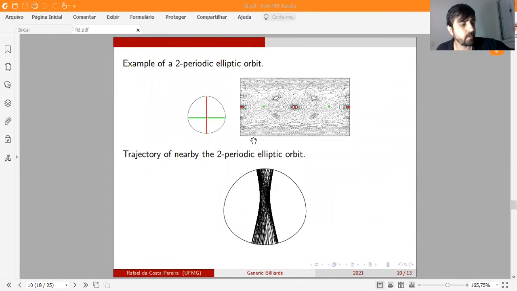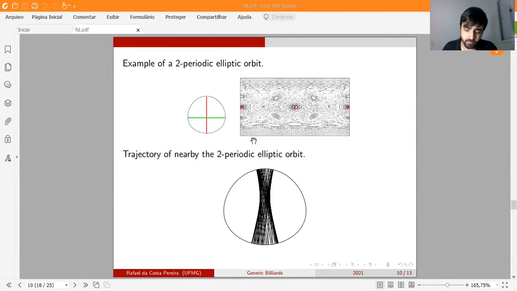We cannot guarantee there will be elliptic orbits, but if they do exist, we ask what is the most common behavior, and we can prove the same results.